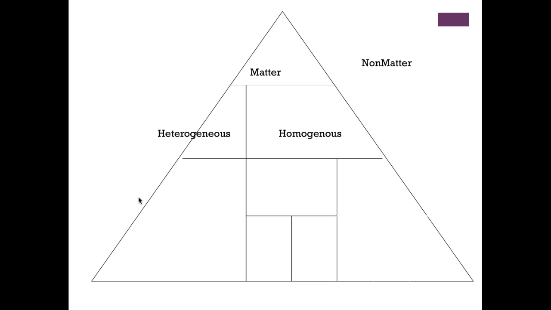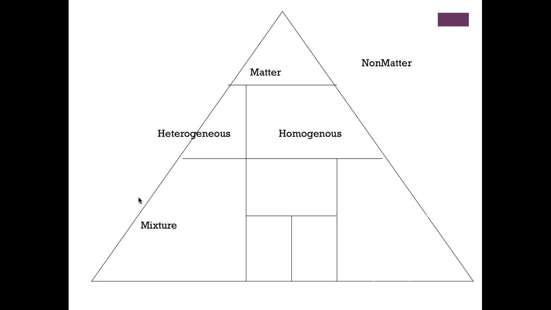This hetero root meaning different, matter is going to look different here. There's basically one type of heterogeneous matter, and that is a mixture. We're going to give you some examples in a minute, but here's how it lines up.